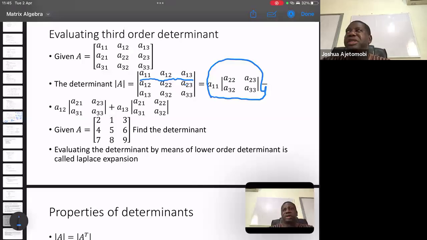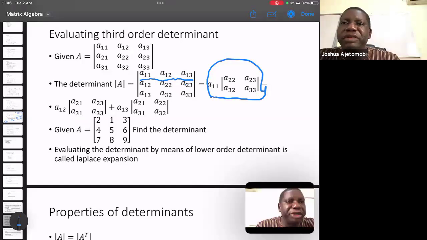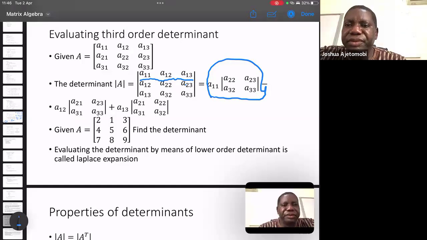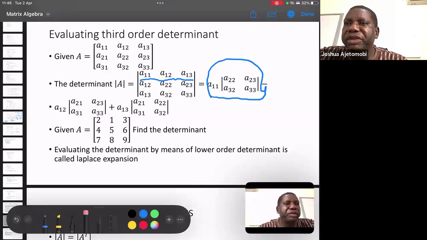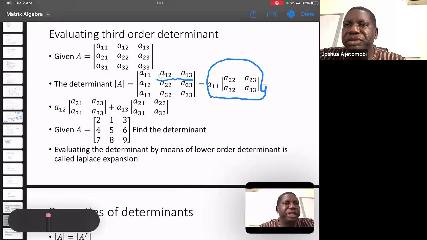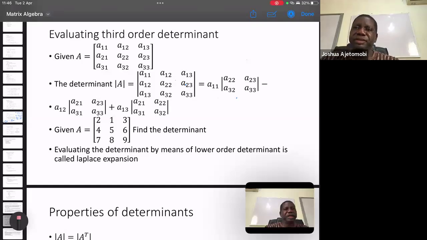That's very important, because if your determinant is equal to 0, it's a sign that you cannot obtain the inverse anyway. So we'll soon get to that place. So given your A to be 2, 1, 3, 4, 5, 6, 7, 8, 9.